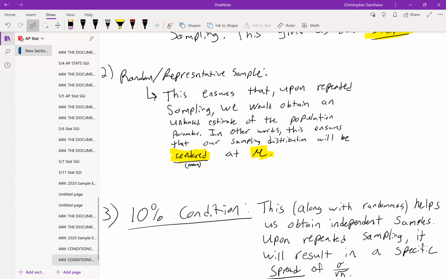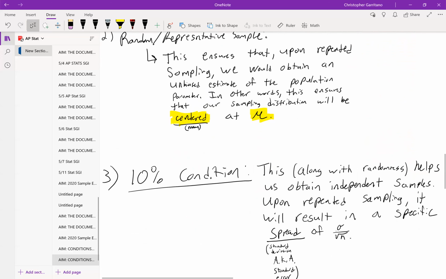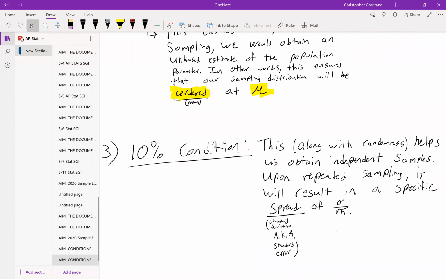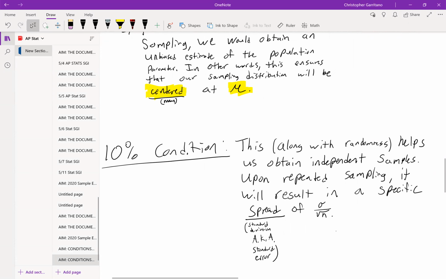And then again, the 10% condition, once again, very similar to yesterday. The 10% condition helps us obtain independent samples. And again, upon repeated sampling, so if we obtain many X bars with the same sample size, there will be a specific and guaranteed spread.